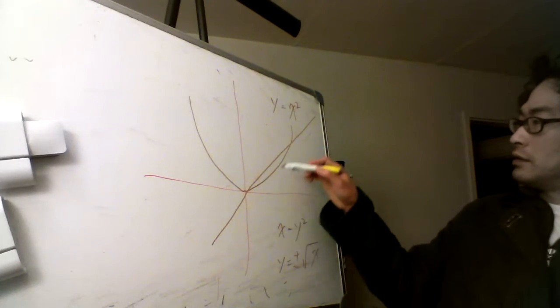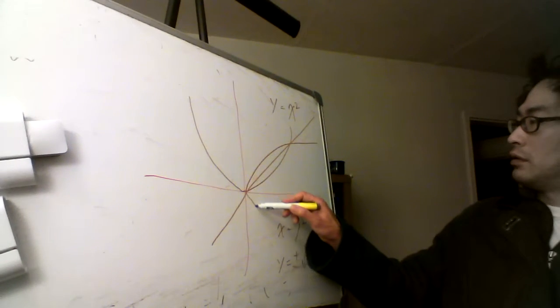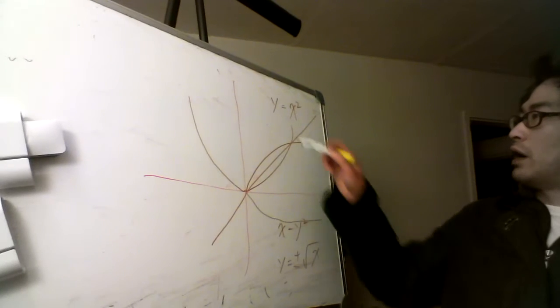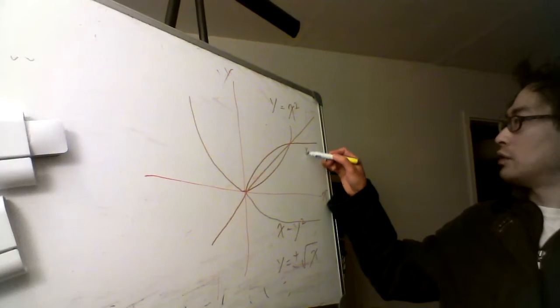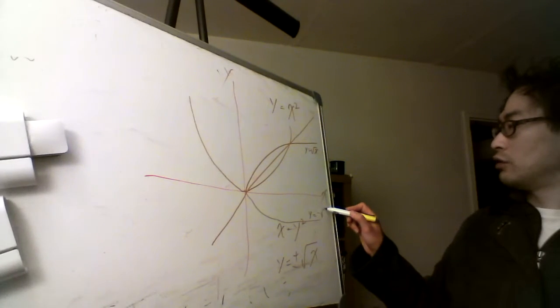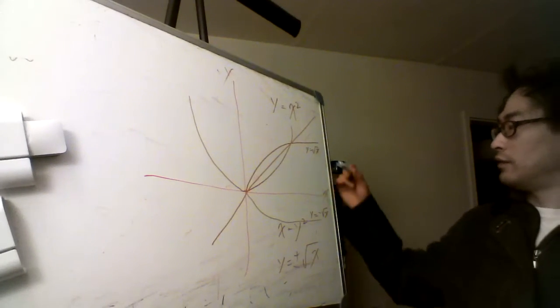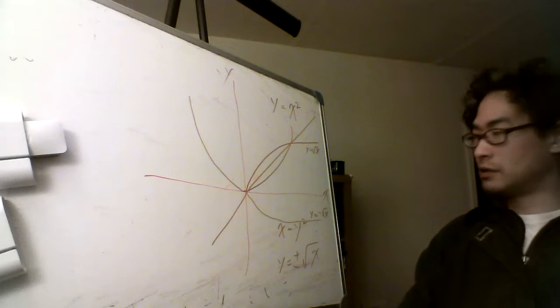It's like this. Mirror reflection. This is y is equal to square root of x. This is y is equal to minus square root of x, which themselves are mirror reflections along this horizontal axis.